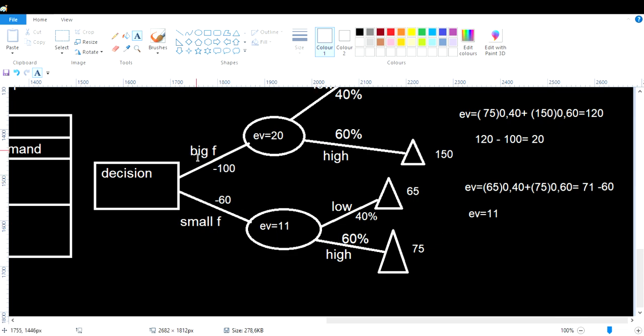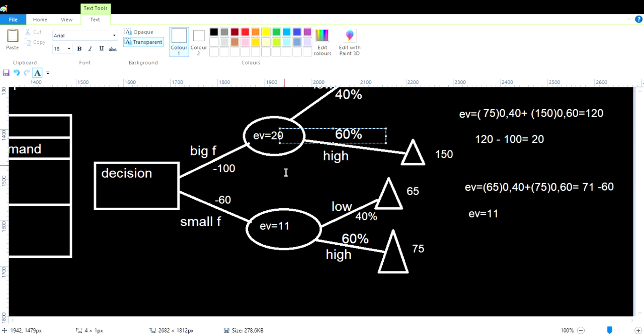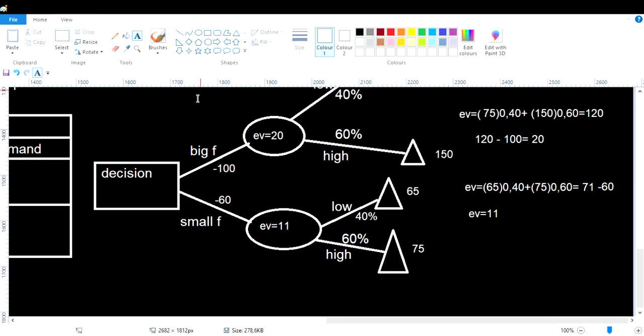Okay, now let's conclude. Let's compare the expected values. Here is 20, here is 11. Then we're going to choose the highest, and the highest is this one. It is clear to see that this one is the highest expected value.